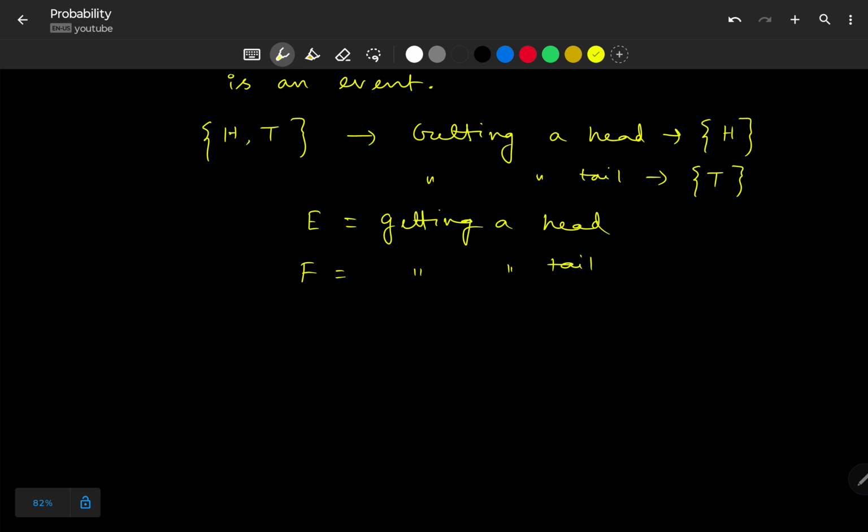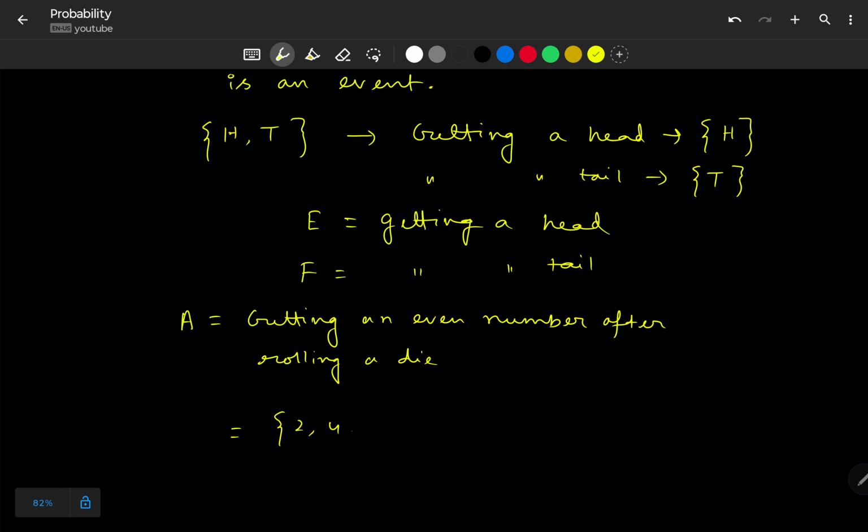There can be another example of an event. In case of rolling a die, if we write A equals getting an even number after rolling a die, then the outcomes will be 2, 4, and 6.